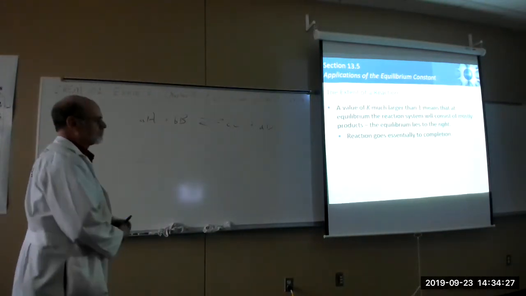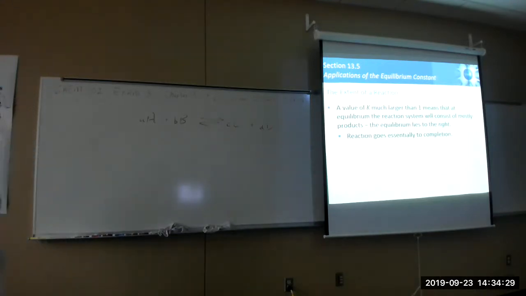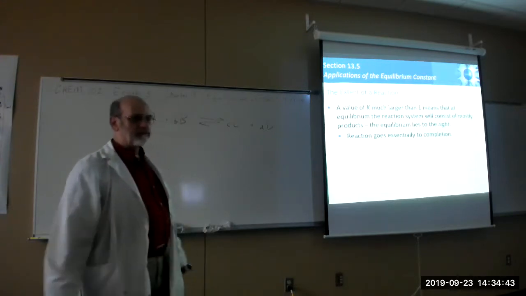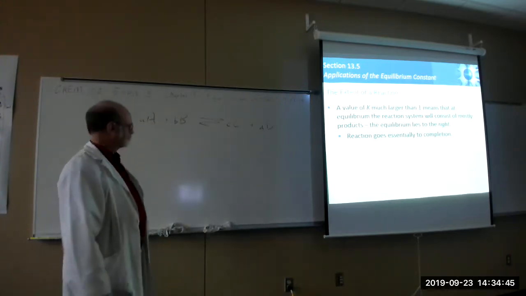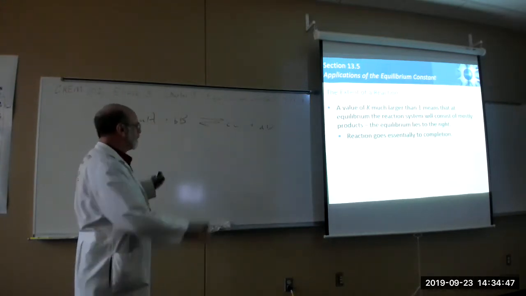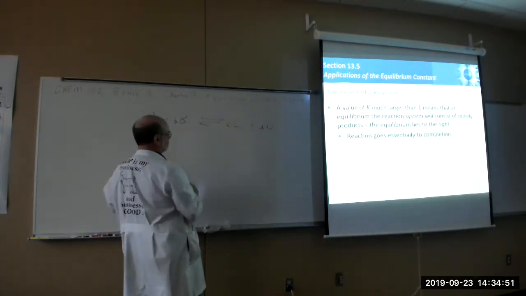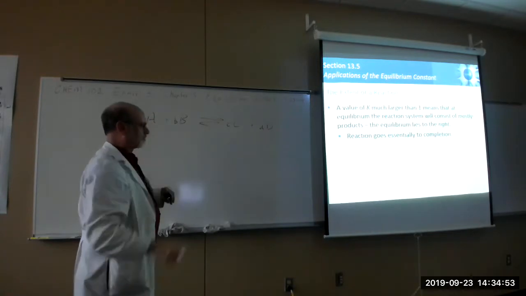Okay, let's see if we can derive some qualitative information from the K value. So if the K value is extremely large, much, much greater than 1, what does that say about the equilibrium position of the reaction?